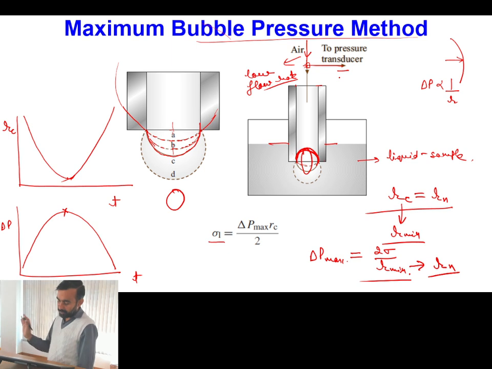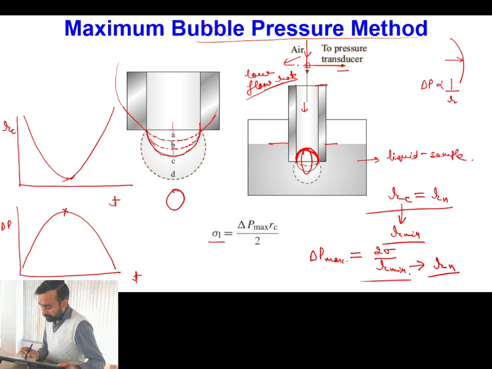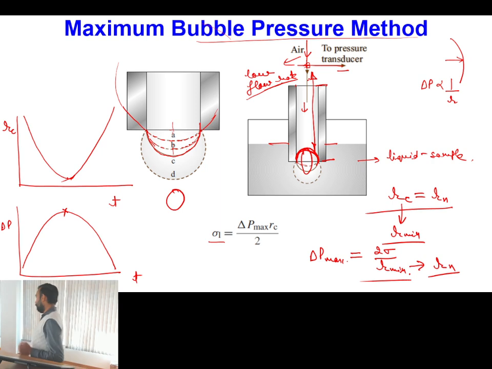But the only thing you have to keep in mind is that whenever you allow the air to enter, you have to allow it at extremely low flow rates, because if the flow rate is finite, then from this point to this point there will be significant pressure drop because of the flow. So the value of delta P max that you are measuring at this point is not going to be the value of pressure at the interface.